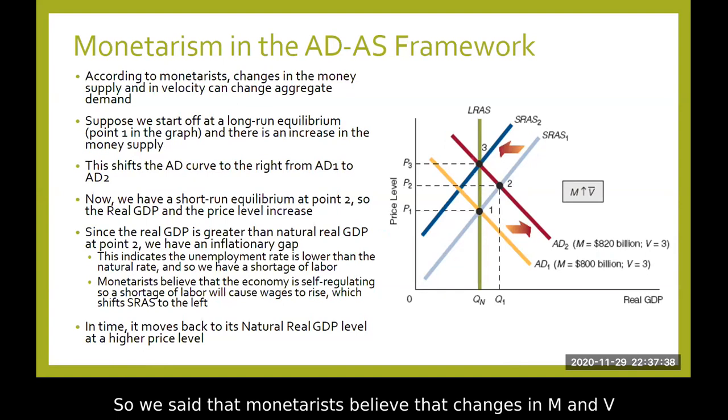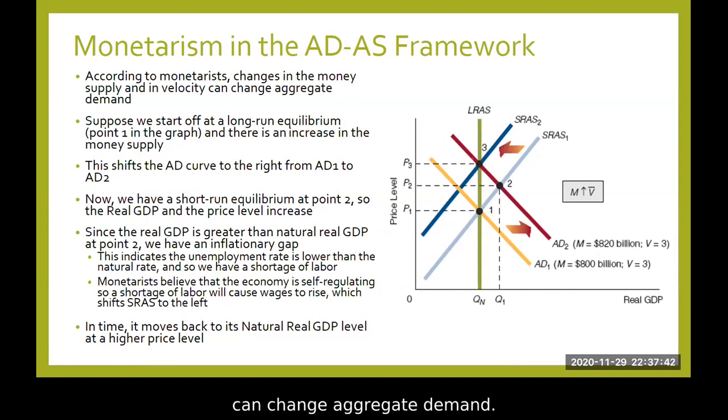So we said that monetarists believe that changes in M and V can change aggregate demand. So let's say we start off at a long run equilibrium. So here we're putting everything together. So this ties in the model of aggregate supply and aggregate demand that we looked at earlier, and then seeing what happens if we have a recessionary gap or an inflationary gap.